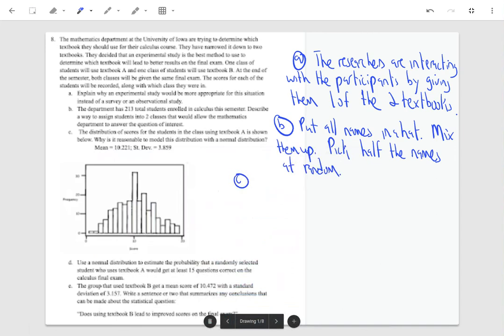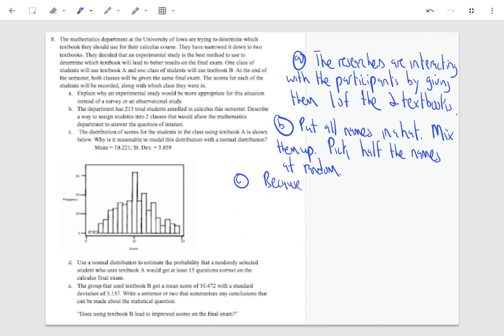Is it pretty close to symmetric? Yes. So there's one. Is it bell-shaped? Yes. Is it perfectly bell-shaped? No. But does it look like it's approaching a bell shape? Yes. So that's 2. And is it unimodal? Does it have one high point? Yeah, right up here. So why is it reasonable to model this distribution with a normal distribution?